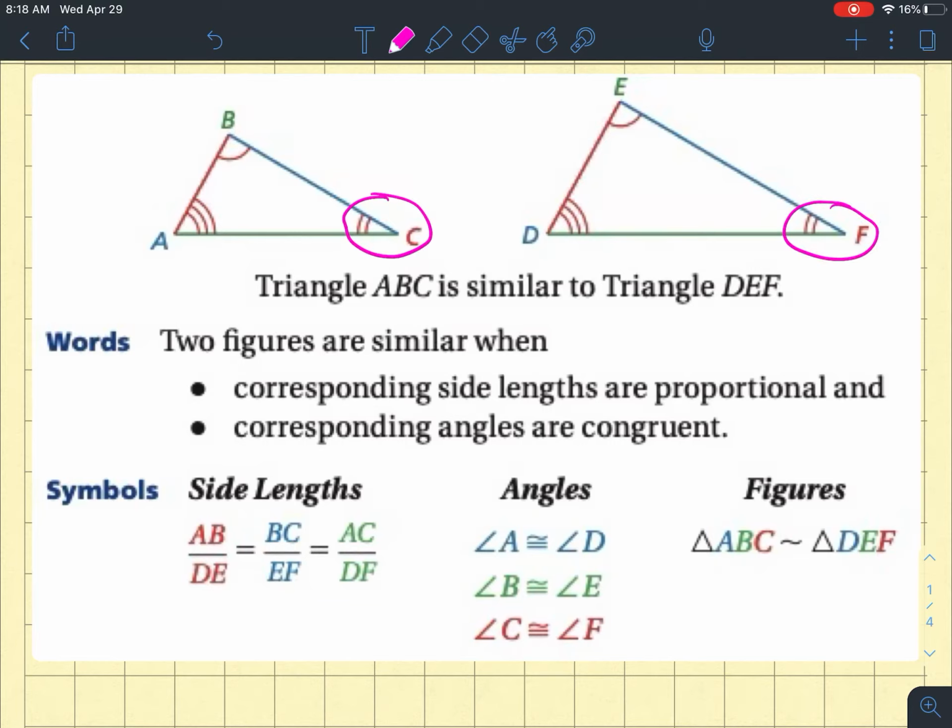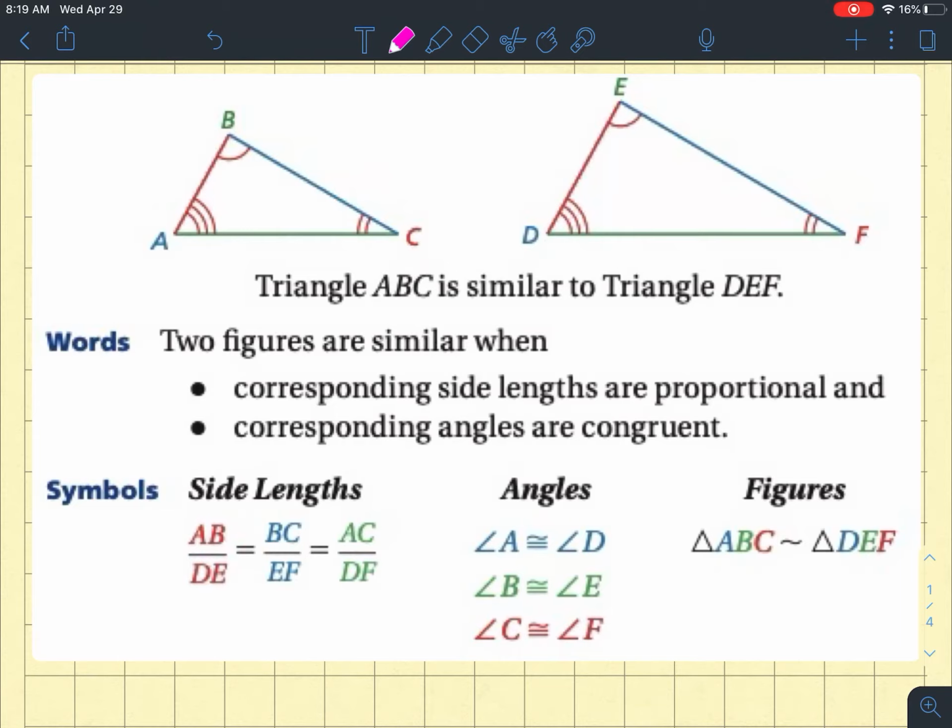Angle C and angle F, they are congruent. That's why they have two rings. And angle D and angle A are congruent. That's why they have three rings. So you have two triangles of different sizes, but their angles are congruent.